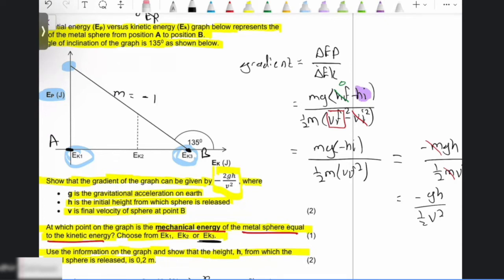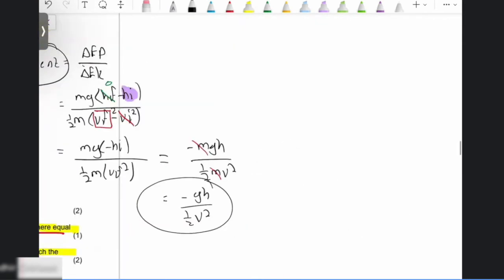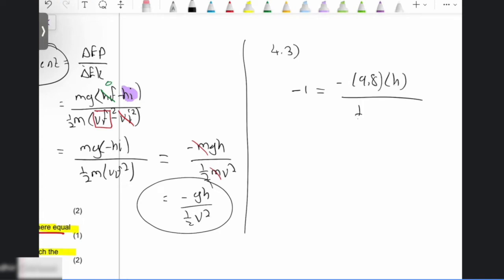So for 4.3, we could have used this gradient: the gradient of -1 is equal to negative gravity times the height, all over half times the velocity squared of 2. And then just go from there.